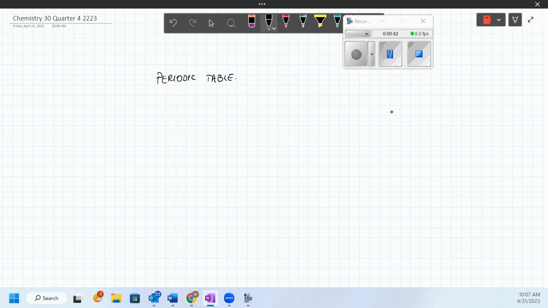The very first scientist to organize those elements into the table was a Russian scientist known as Mendeleev. In the old times, the periodic table actually had the specific name of Mendeleev's table.